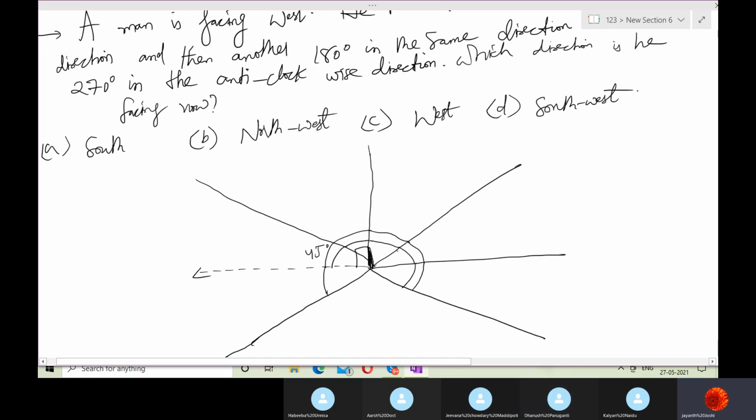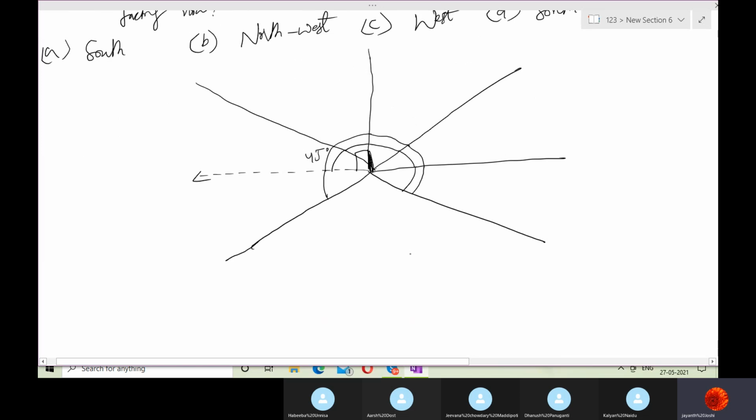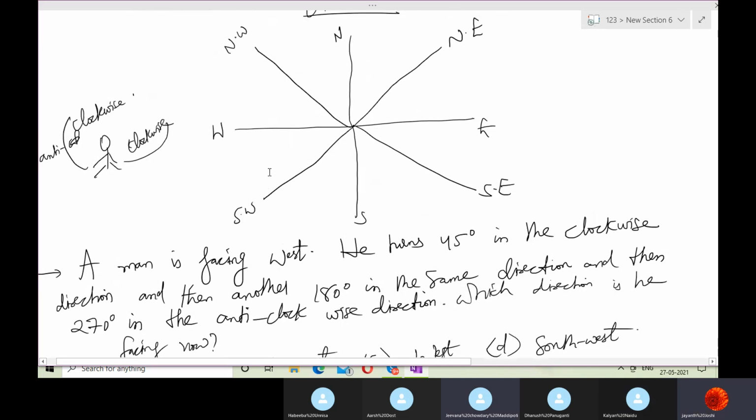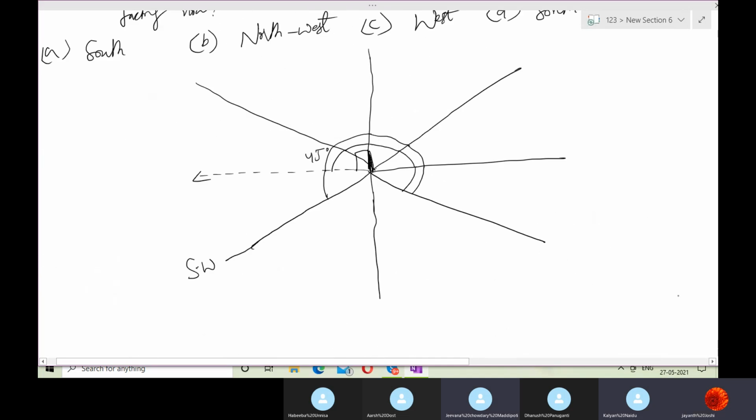They're asking which direction he is facing now. Southwest direction. That's it. So the answer would be southwest, option D. All of you just make a note of this. This is 45, this is 180, and then again this one is 270.